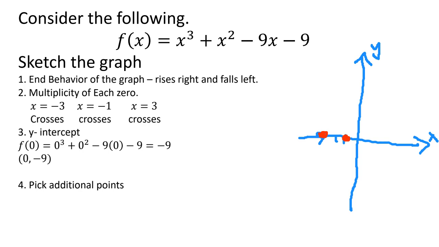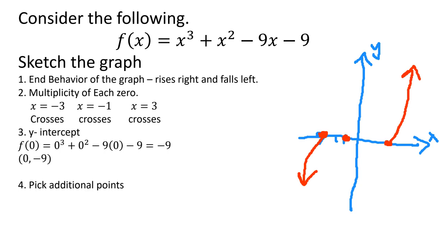I know because of my end behavior, since it's an odd function and my leading coefficient was positive, it's rising to the right and it's falling to the left. Now, this is where we talk about the additional points. We also have our y-intercept. I know that it's crossing the y-axis here.